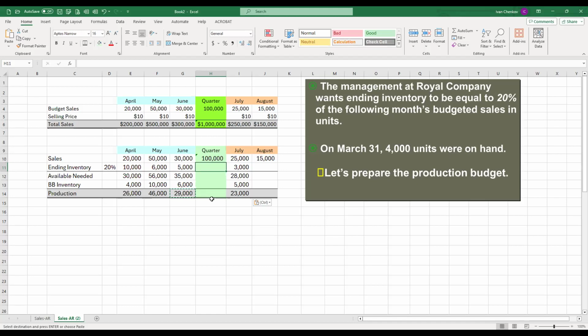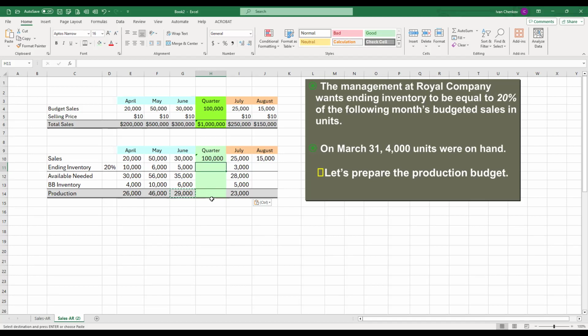So listen to me carefully again. At the end of the quarter, which is the month that ends the quarter? June. What will be the ending balance at the end of the quarter? 5,000. The ending balance of the last month of the quarter, correct?